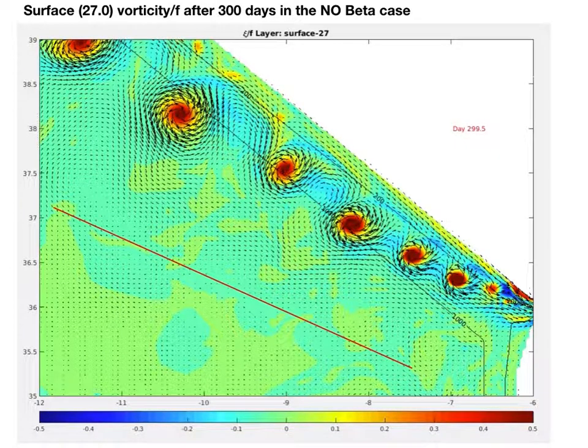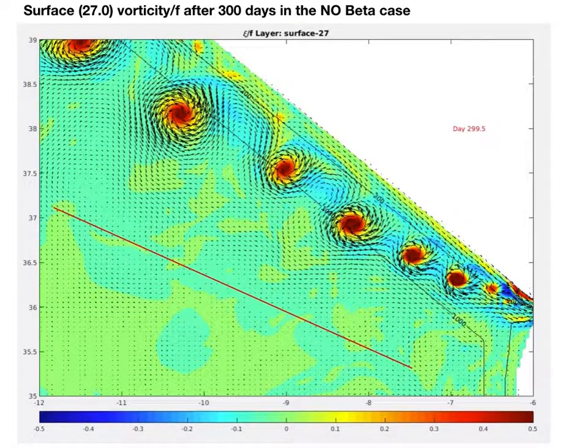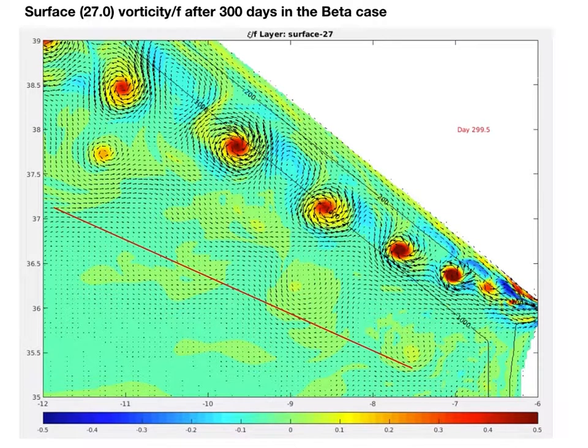But if we flip from one to the other, the cyclonic eddies look like they are stronger in the no planetary beta case, but in the end, the behavior of the eddies is not so different.